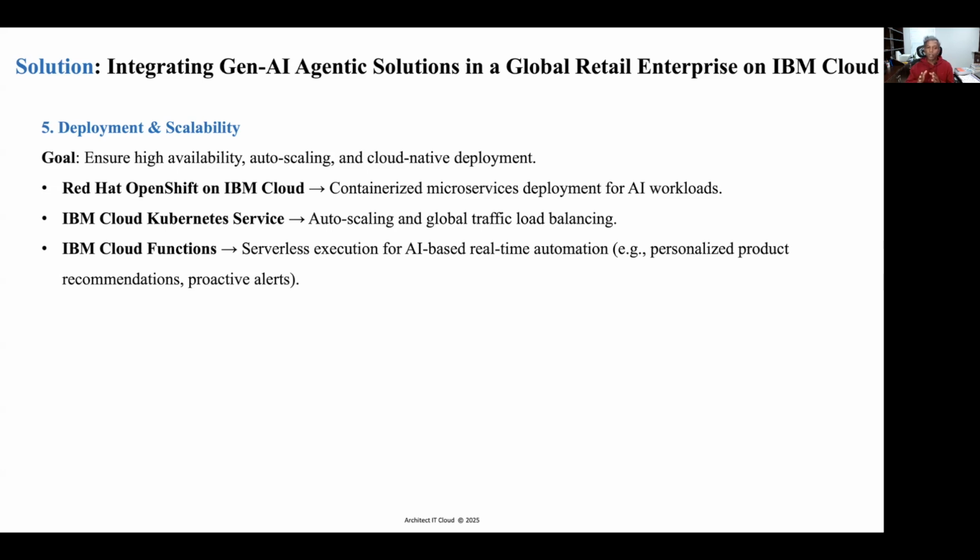And cloud functions are very important for this type of AI based real time automation solution, because you may deal with different executions, like the auto scaling execution, without depending on the manual setup of the infrastructure platform and services for your architecture. So IBM Cloud Functions will act as a serverless execution function for this type of cloud enterprise architecture, which is adopting the generative AI solution.